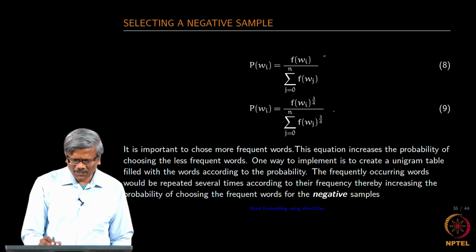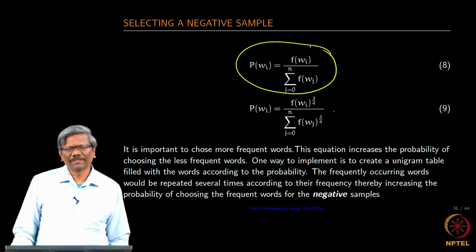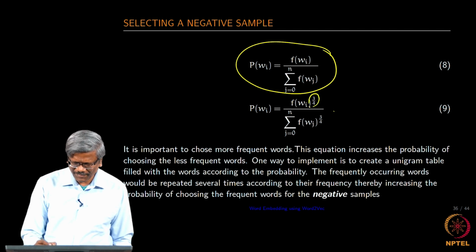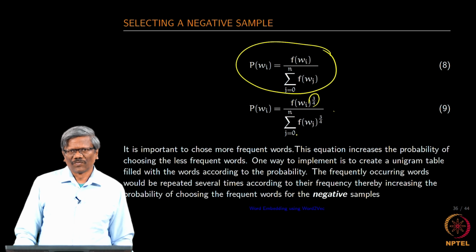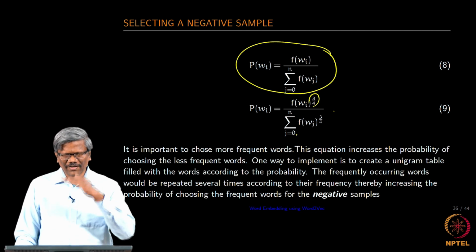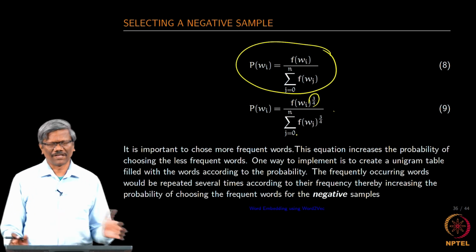This, I am sure you would know, is the probability of a given word in the corpus, right. So, we are applying some mechanism which really boosts the probability of less frequent words, and then reduces the probability of highly appearing words in the corpus.